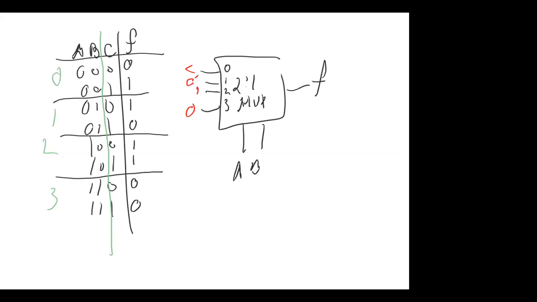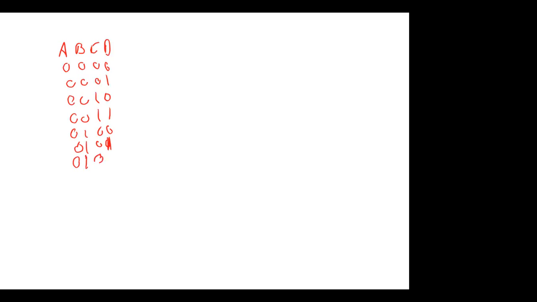But suppose some dastardly person said, oh, let's implement a 4-variable truth table. Oops, make it neat.